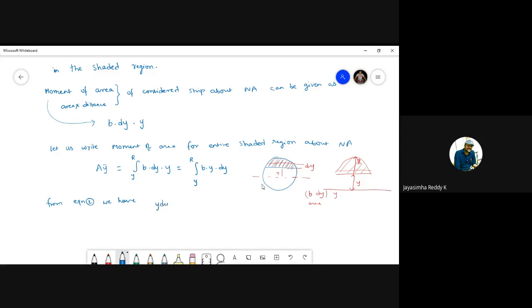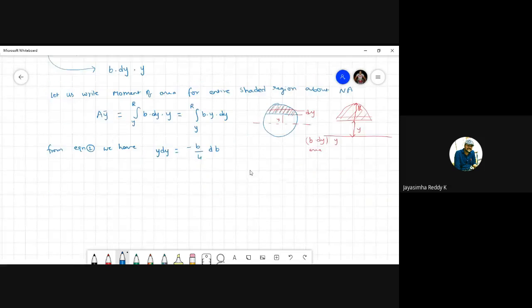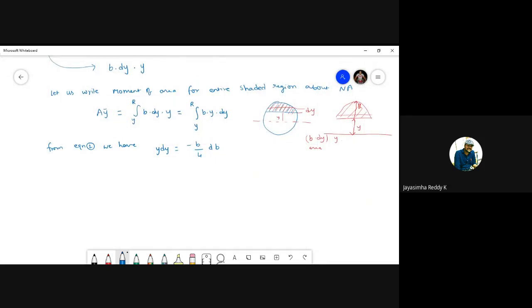We have taken y dy as minus b by 4 db. So now let us substitute this minus b by 4 db in this. So this implies A y bar is equal to the integral over b, which remains the same. See, this y dy has to be replaced by this, so minus b by 4 into db.